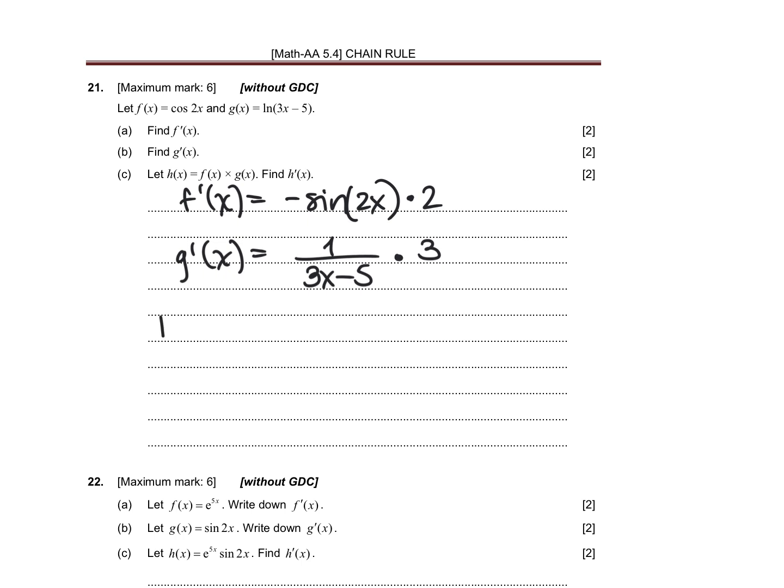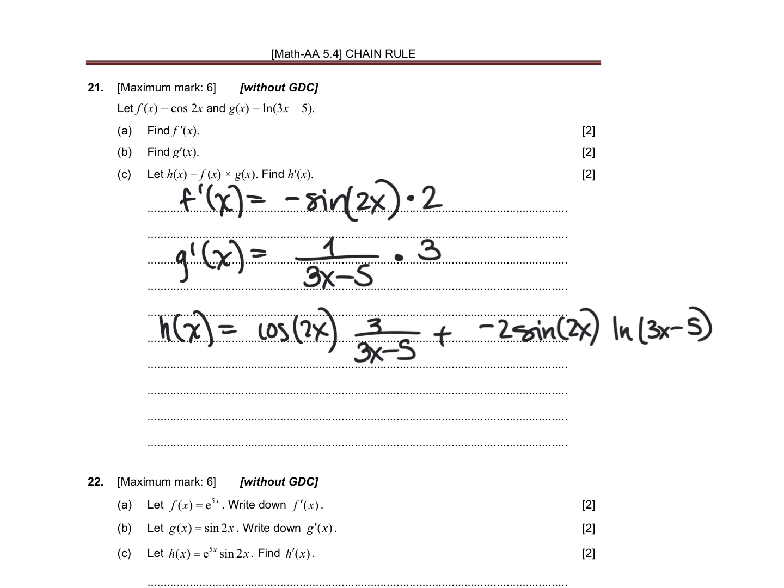Okay, so if h at x is a function of x times another function of x, we're going to have product rule. So we're going to have the first, f at x, times the derivative of the second, which is g at x, plus the derivative of the first, which is the negative 2 sine 2x, times the second, which is g, so natural log 3x minus 5.